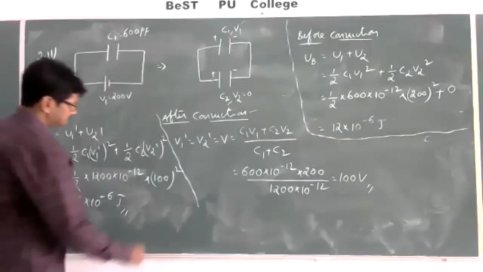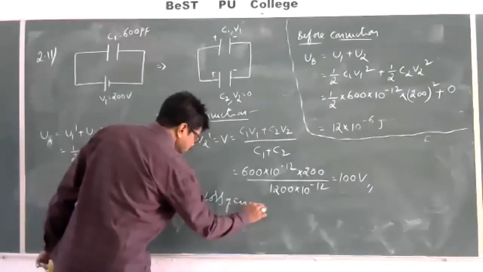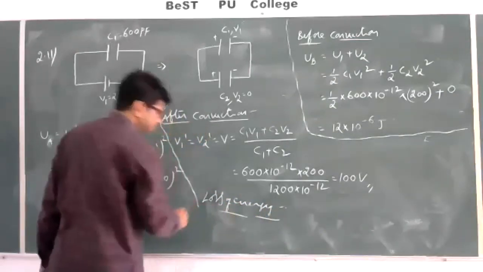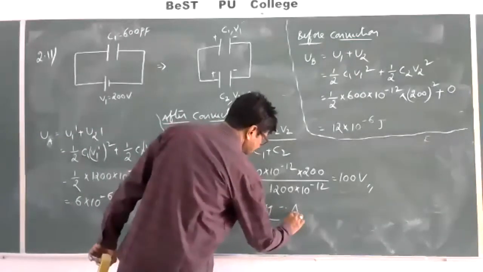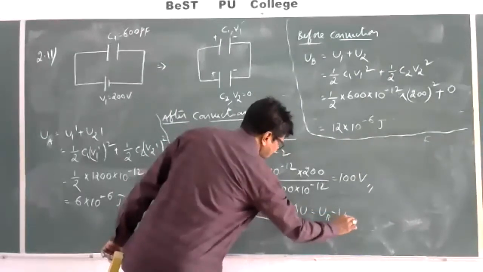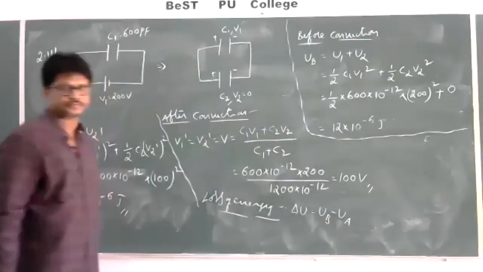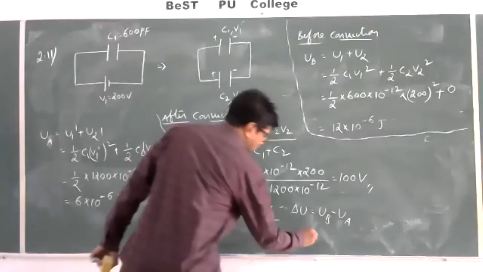He is asking the loss of energy, which is equal to before connection minus after connection, UB minus UA. 12 minus 6.